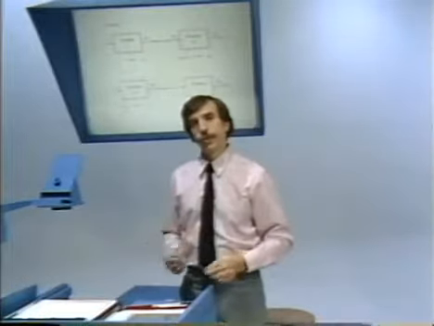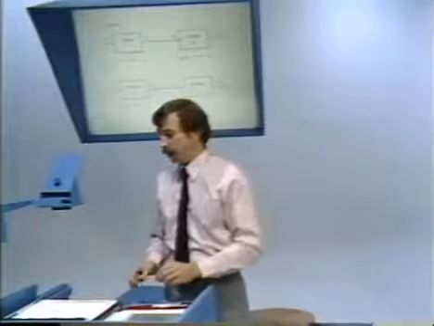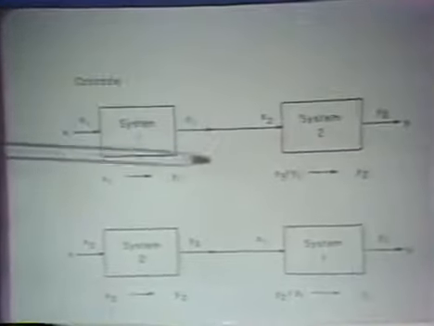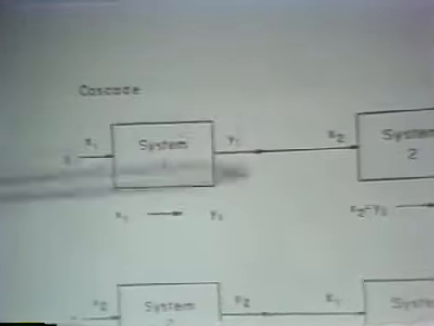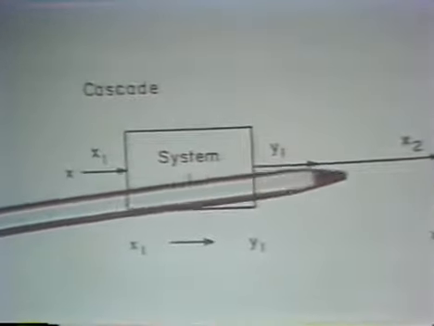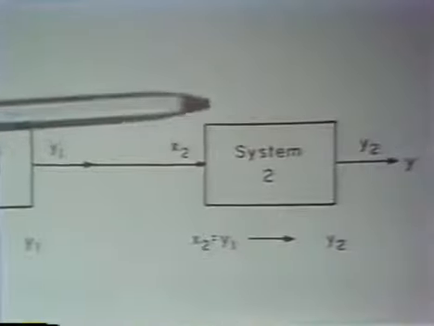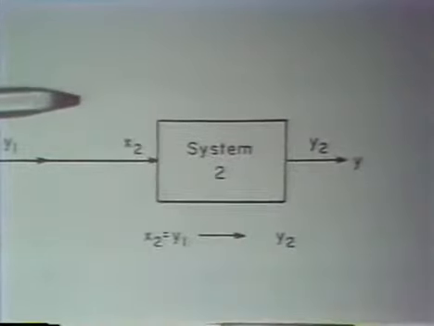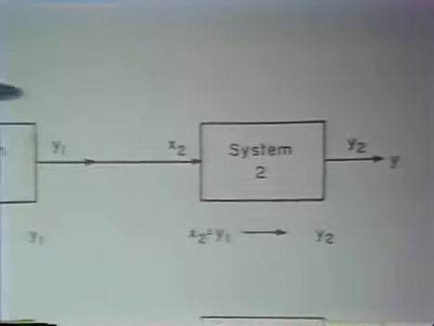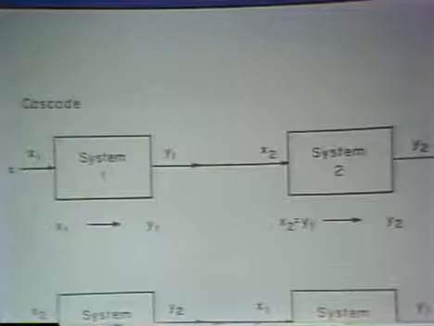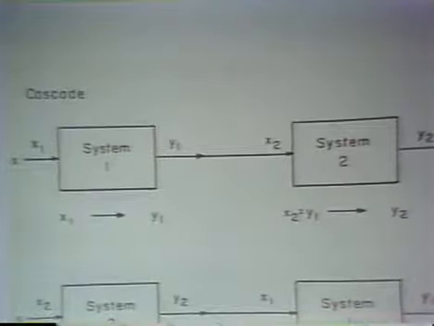And putting two systems in cascade, as I've indicated here, means taking the output of one system, let's say system 1, and using that as the input to the second system, which I've denoted as system 2. So in this cascade, with system 1 first and system 2 second, we have the output of system 1 going into the input of system 2.